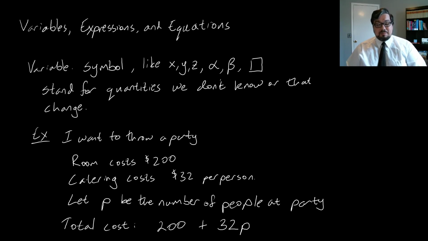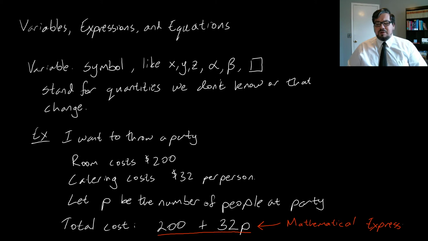So if I have 10 people at my party, then my total cost will be 200 plus 32 times 10. If I have 100 people at my party, my total cost will be 200 plus 32 times 100. No matter how many people I have at my party, this expression, 200 plus 32p, represents the total cost of my party.